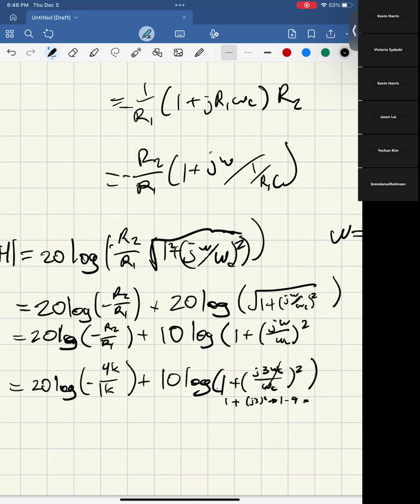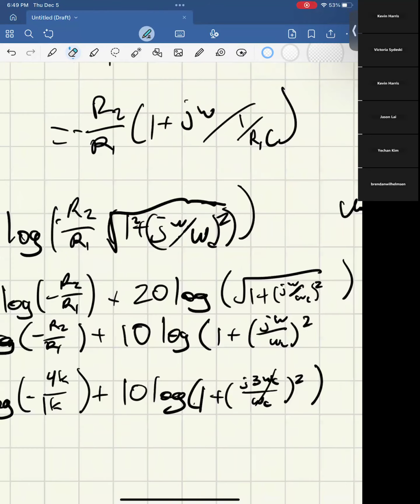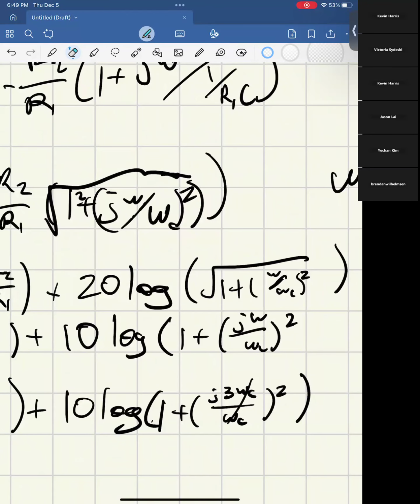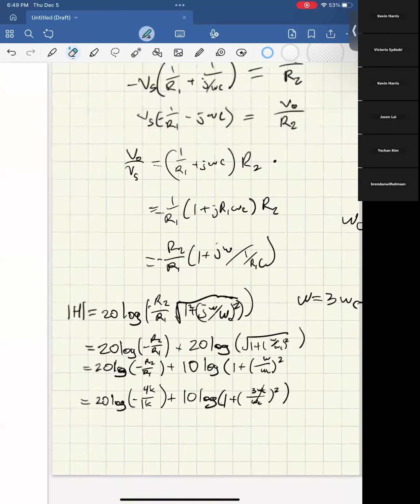Is that right? Oh, there's not supposed to be a j in here anymore. I'm rusty on my complex math, apparently. So because we are taking the magnitude, the j's all disappear. I'm fumbling left and right now, but I will get to the right place in the end.